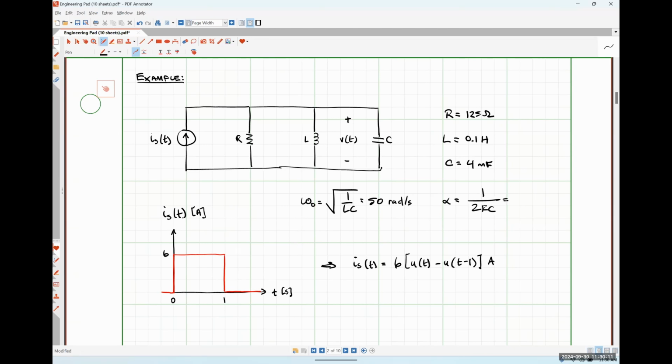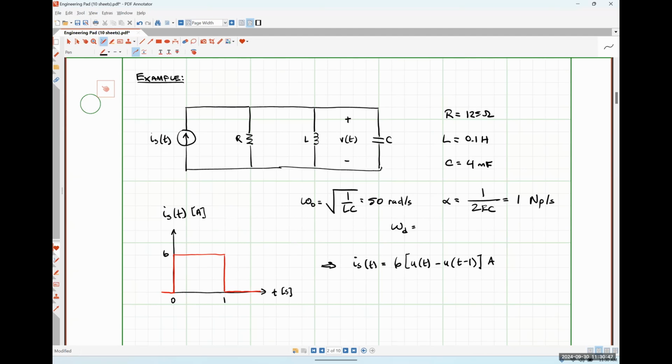So that would be 1 over 2 times 125 times 0.004, which comes out to be 1 Neper per second. Omega D. First, since alpha is less than omega naught, this system should have an underdamped response, right? Omega D would be the square root of omega naught squared minus alpha squared.